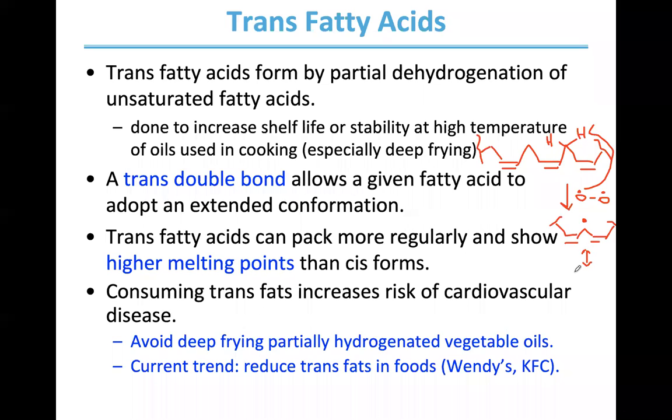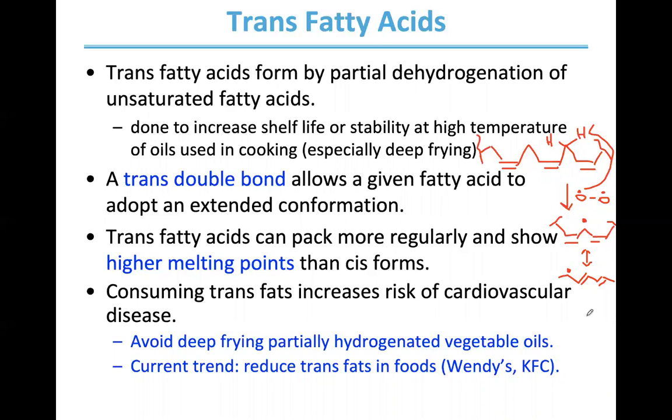So it's a stable radical. So something like this, for example.